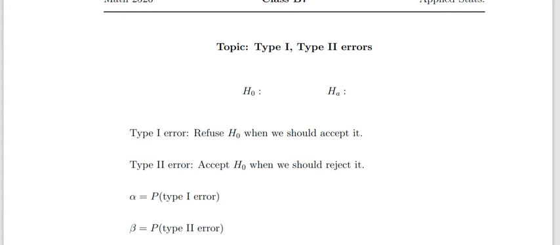We refuse H0 when H0 is true, that is the type 1 error. And we accept H0 when H0 is not true. This is the type 2 error. Usually we say type 2 error is more serious.